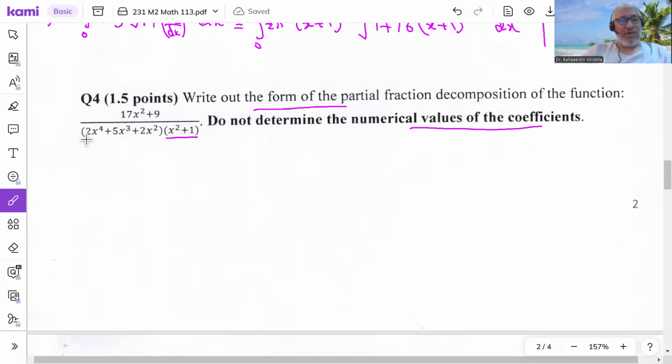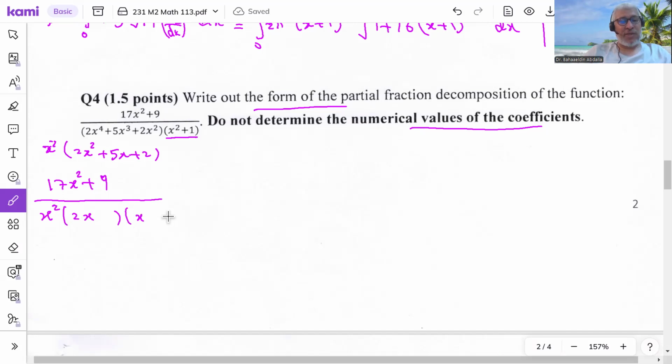But here, what if I take x squared as a common factor? So I'll have 2x squared plus 5x plus 2. And now this trinomial, I may factor it. So the question would be 17x squared plus 9 over, I have x squared. And factoring these three terms, I'll have 2x and x here.